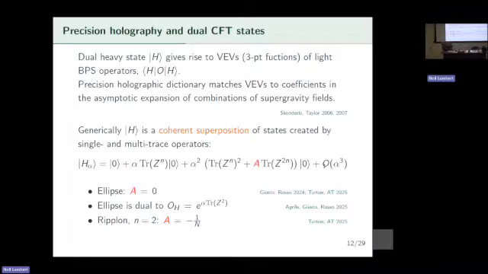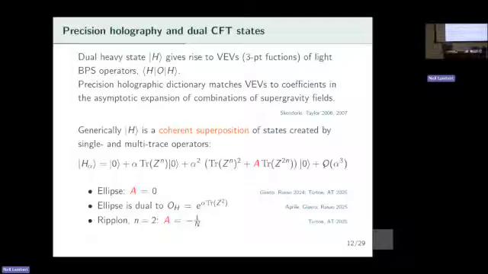Precision holography provides the dictionary between these and the coefficients of the asymptotic expansion of certain supergravity fields near the boundary. This precision holography dictionary was developed by the same people, and we can use it to constrain the heavy state, at least perturbatively in powers of alpha.